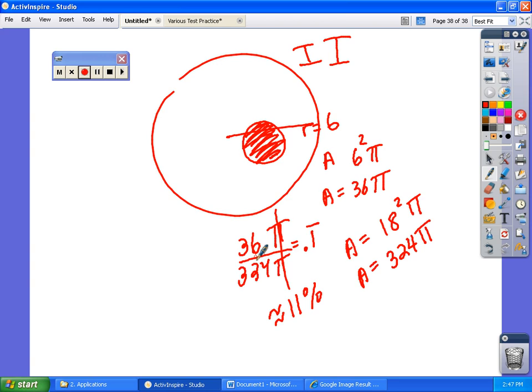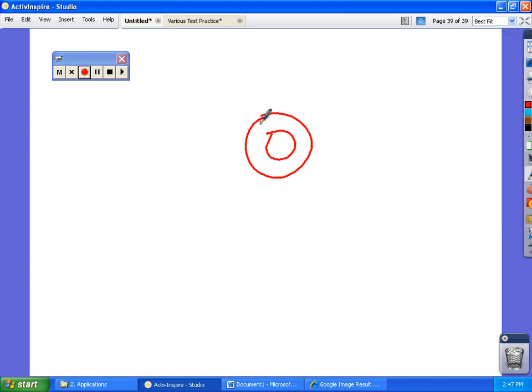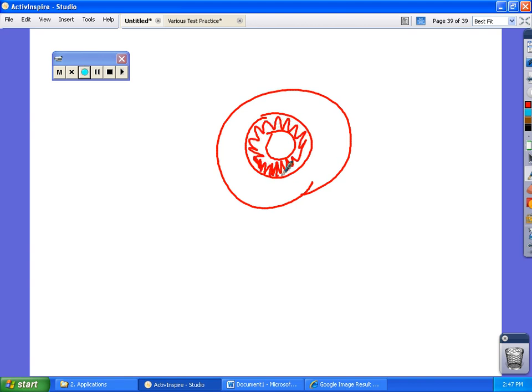The next problem asks us, what is the probability she hits the middle ring? Okay, so let's talk about what the middle ring is. This right here is the middle ring. So, first of all, we have to figure out how we are going to find the area of just that middle ring.